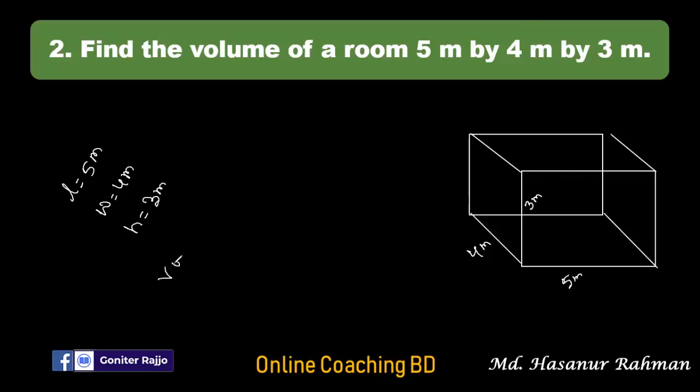Then what will be our volume? Volume should be length multiplied by width multiplied by height. Now multiply 5 multiplied by 4 multiplied by 3. 5 times 4 is 20, multiplied by 3, that is 60. And the unit should be meter cube. And that is the answer of number 2.